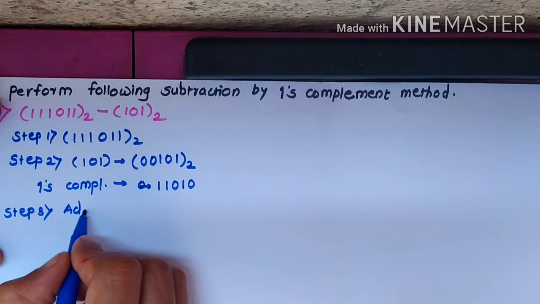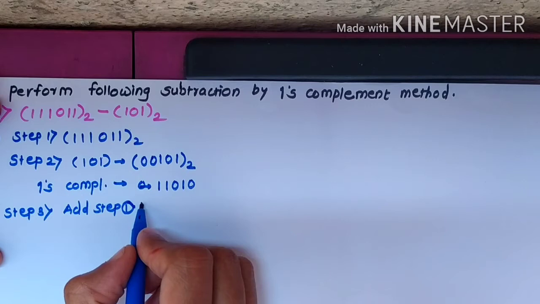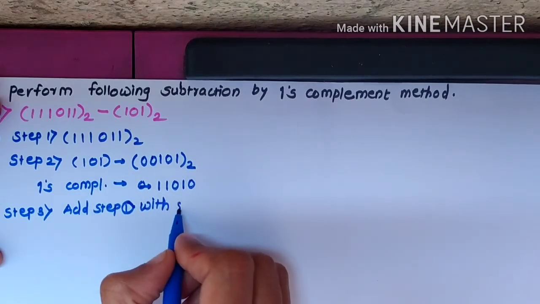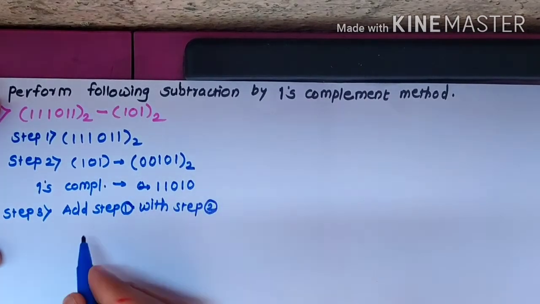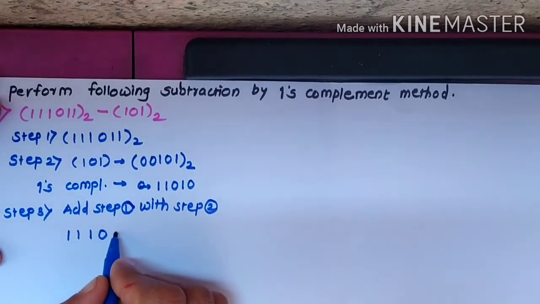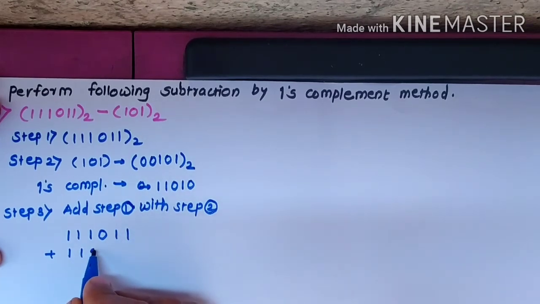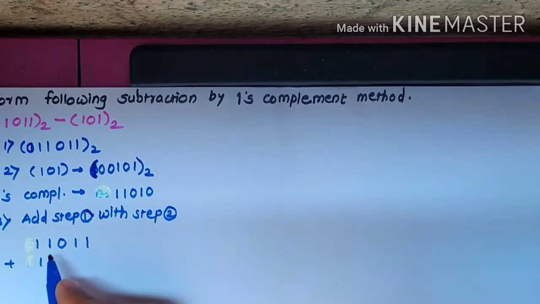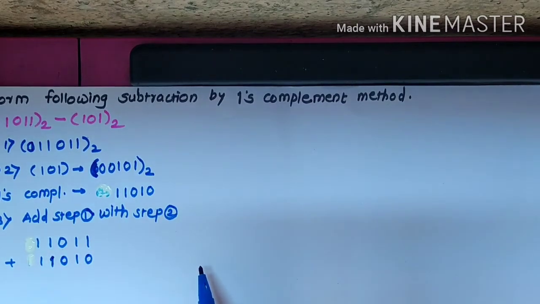Add step 1 with step 2. What do we get? 11111 plus 11010.